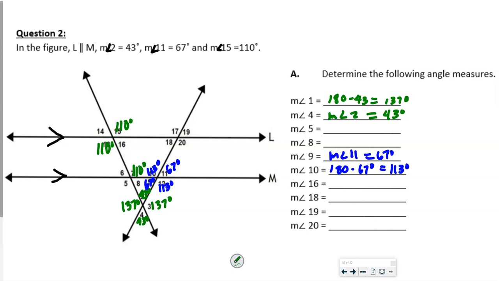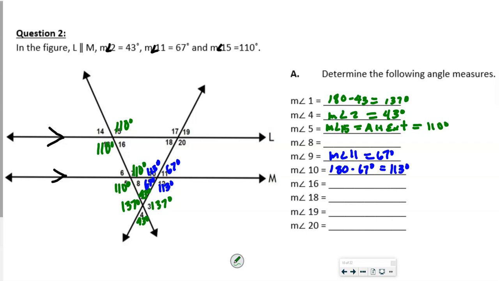And 5 is also 110. We could say because it's an alternate exterior angle to 15, so it's equal to the measure of angle 15 because they're alternate exterior angles. So this one here is 110.